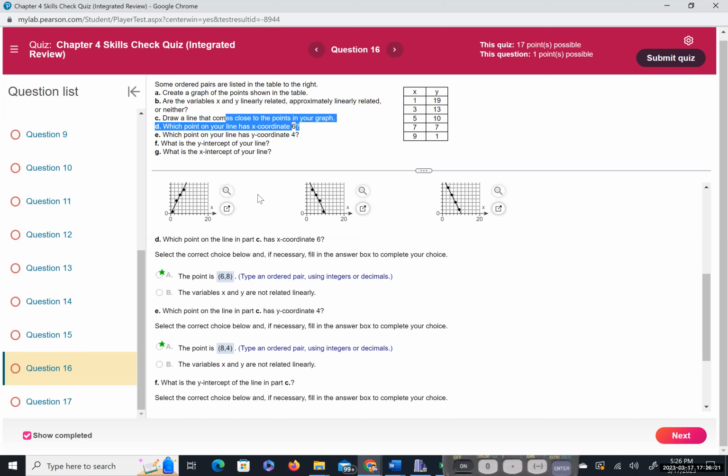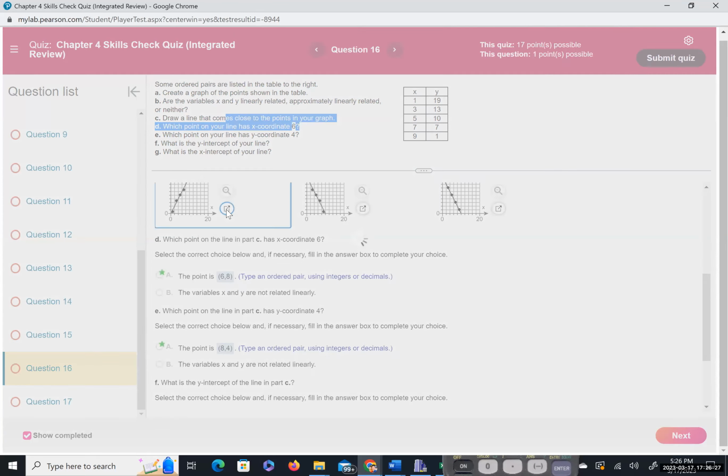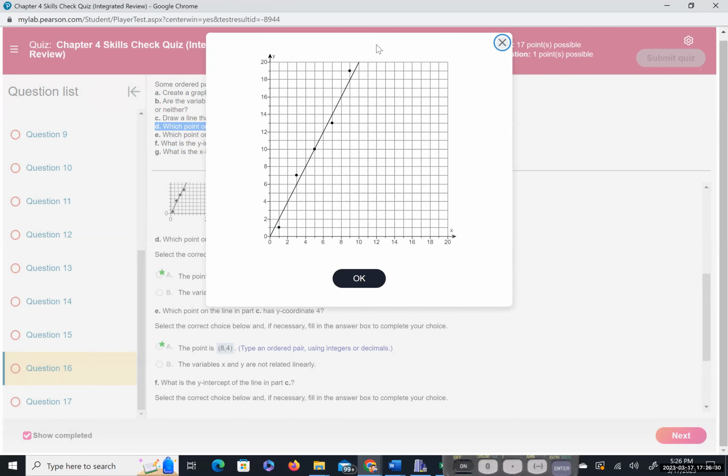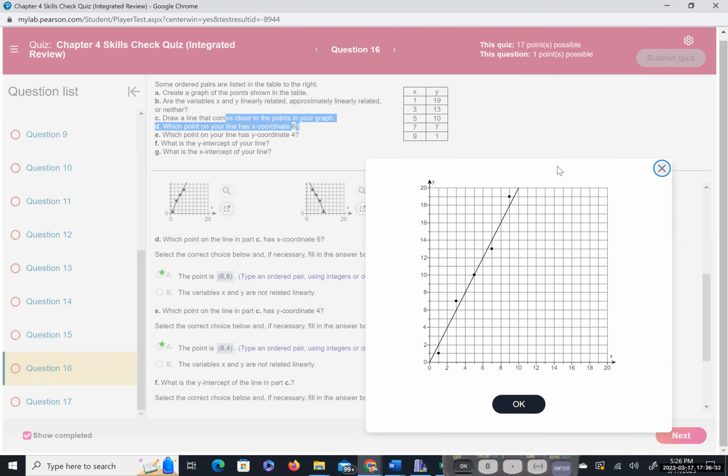Want to find the graph, right? Okay, let's see. 1, 1, 9. Is this the one? No, it's not, right? It's a 1 and 1. So this is not the one I'm looking for.